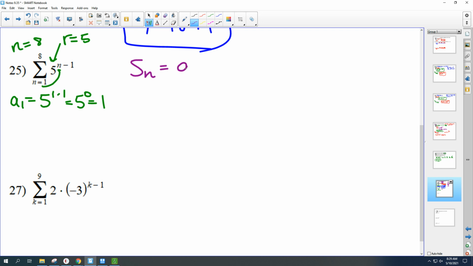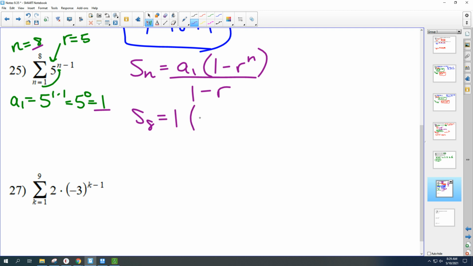So again, your formula is this. That's the sum of a geometric series. So we want the sum of 8 terms, because n is 8. That's going to equal a1 was 1, times 1 minus r was 5, to the nth power, n was 8, over 1 minus 5.